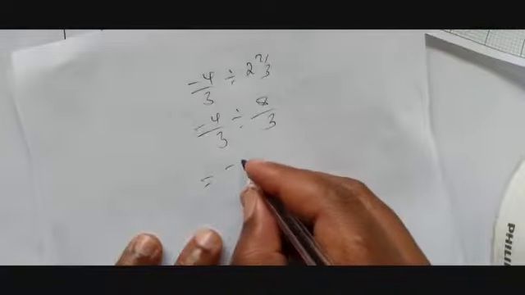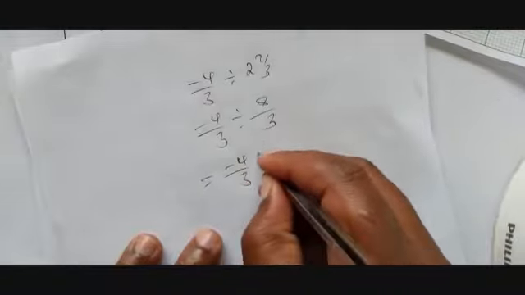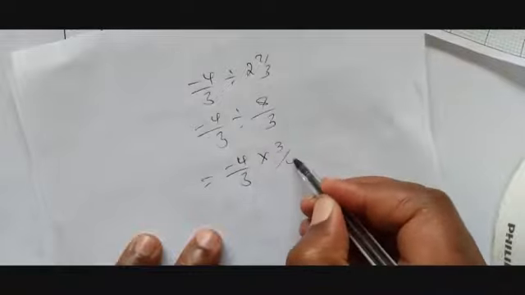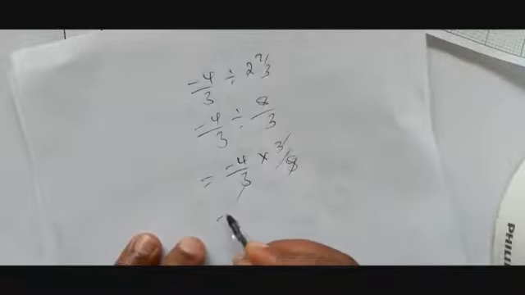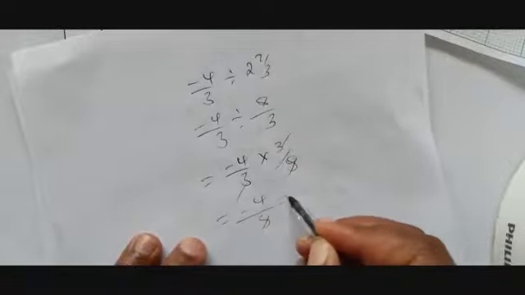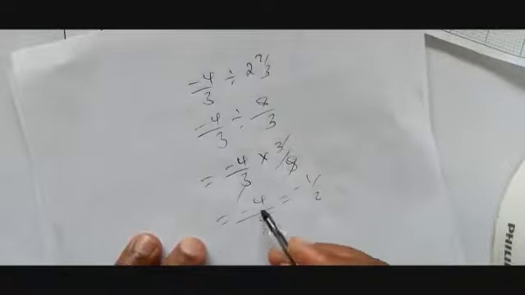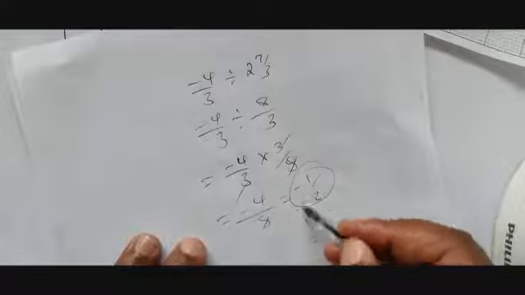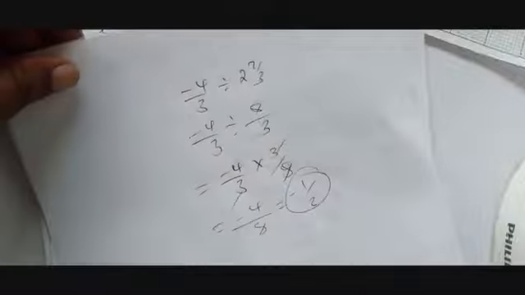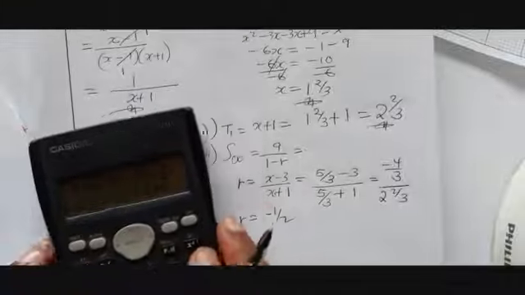So you have -4 over 3 by 3 over 8. So these will cancel. You have -4 over 8. When you reduce, you have -1 over 2 by using a 4, right? So this is our common ratio. Or if you don't want to do it like that, just use a calculator, okay? As long as you know how to punch, then you should be able to get that.